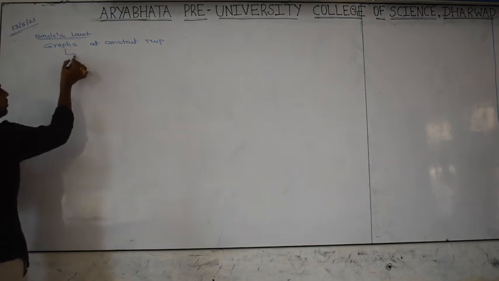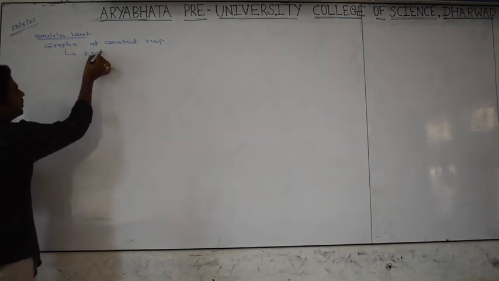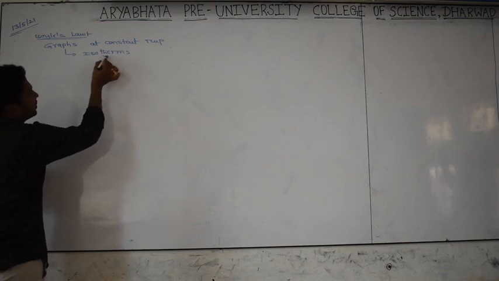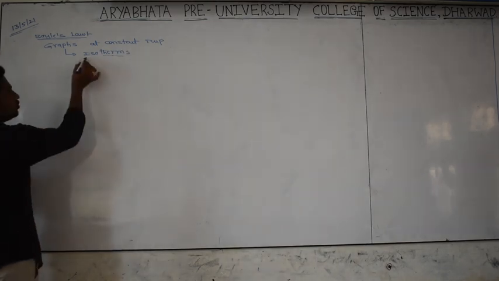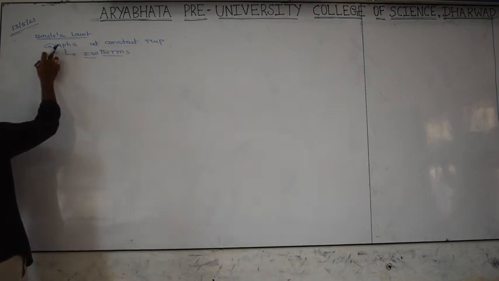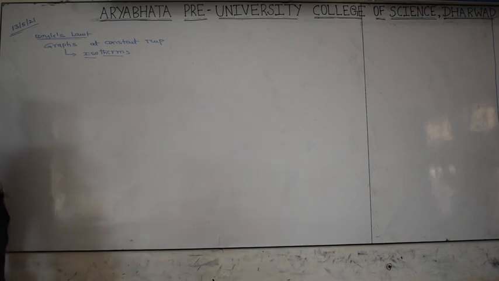Then the graphs are called isotherms. Therm means temperature, iso means same. So at a constant temperature, whatever graphs you are studying, we specially call them isotherms. They are nothing but Boyle's law related graphs.